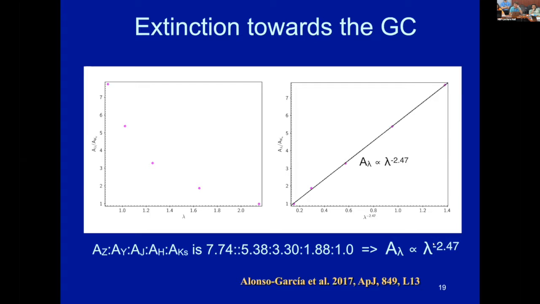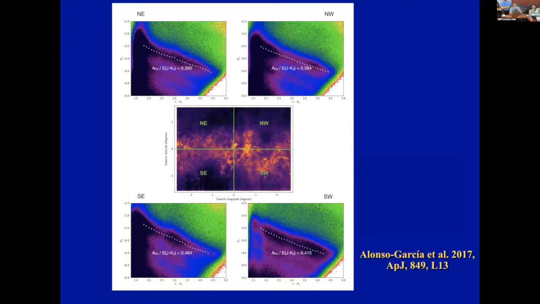Also, like Phil was mentioning, there were some talks that this extinction law is different for different regions. In order to check this, what we did was divide our field into 4 equally sized quadrants, and we repeated the analysis that we did for the whole region for these individual regions.